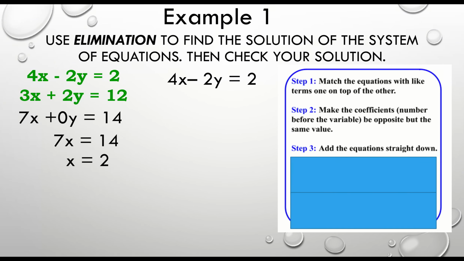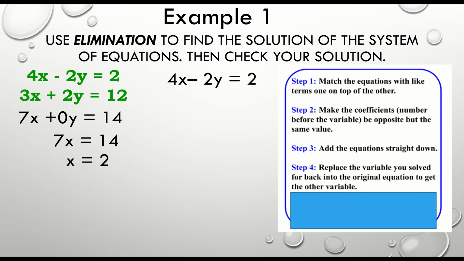So let's replace the variable that we solved. We solved for x, so we're going to replace that variable back into the original equation so we can find the value of y. When I substitute in for x, I have 4 times 2 minus 2y equals 2. Now we can solve for y. 4 times 2 is 8.